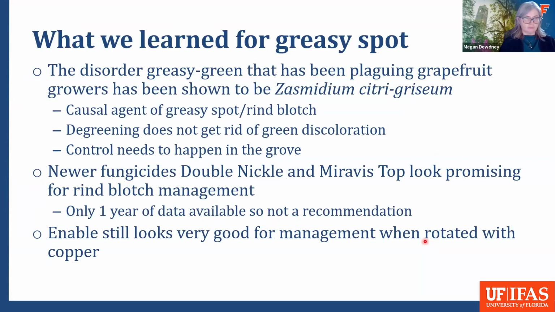Degreening does not get rid of the green discoloration in fruit, and that control is going to need to happen in the grove. Our newer fungicides like Double Nickel and Moravis Top look promising for rind blotch management, but as I said, I can't make a full recommendation because we only have 1 year of data. Enable still is looking very good for management when rotated with copper. I certainly would be recommending that as part of a management program.